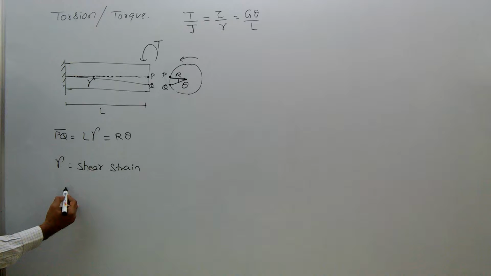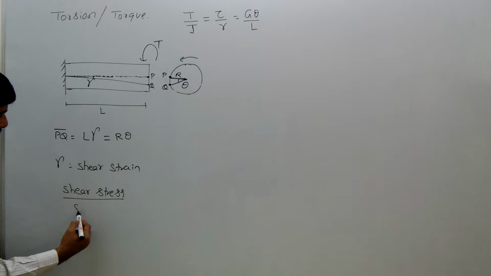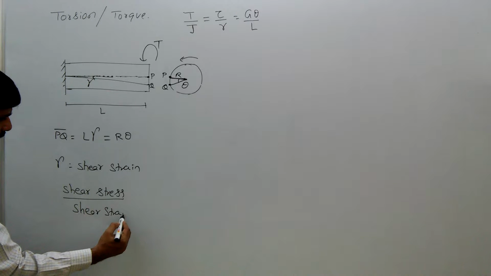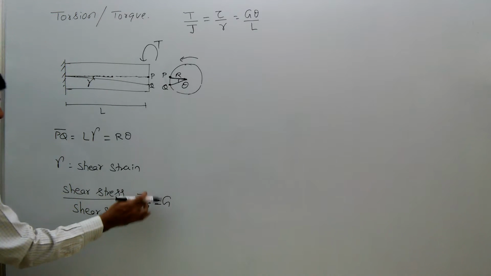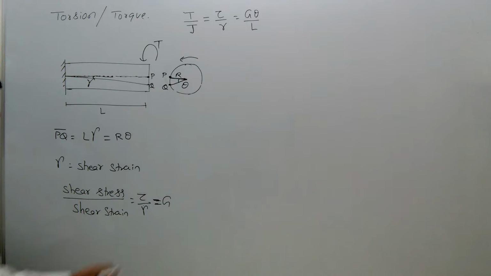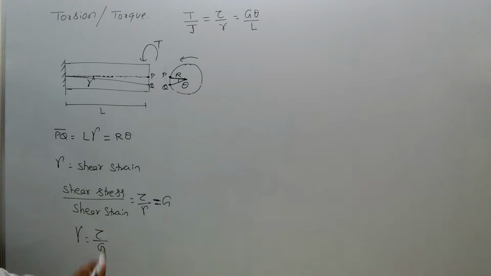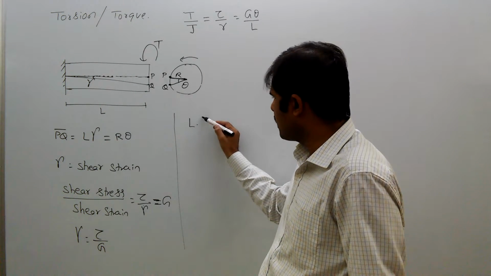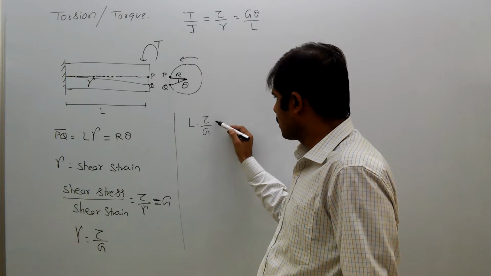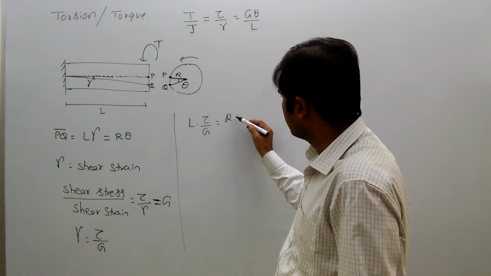We know shear stress by shear strain, that is tau by gamma, equals shear modulus G. From this, gamma equals tau by G. Substituting in this formula, L into tau by G equals R into theta.